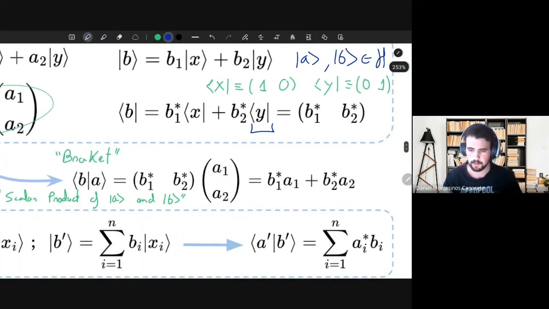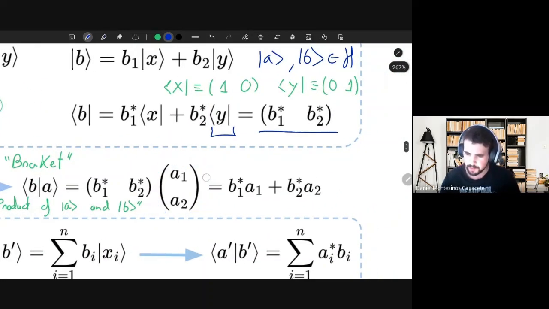So take the vector, write down its matrix representation, and also for the A vector, and just multiply, in this order. So we will have the first coordinate of the first vector multiplying the first coordinate of the second vector, plus the second coordinate of the first vector times the second coordinate of the second vector.